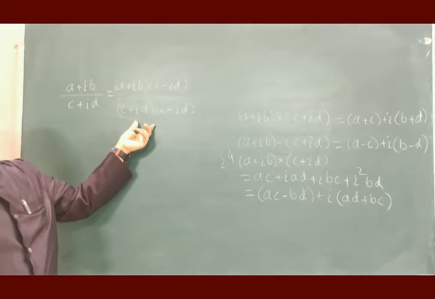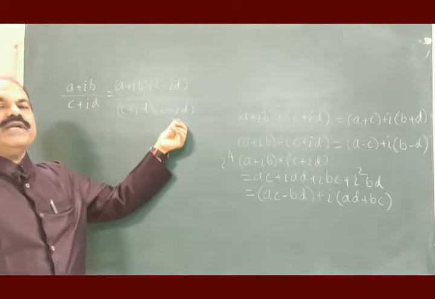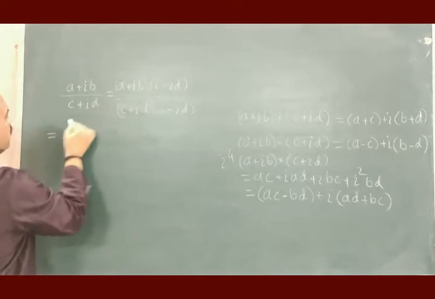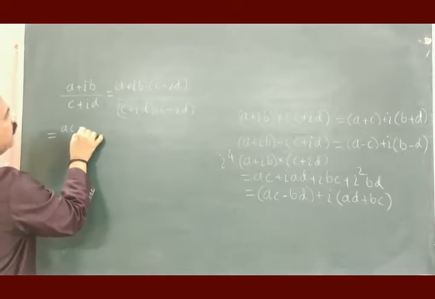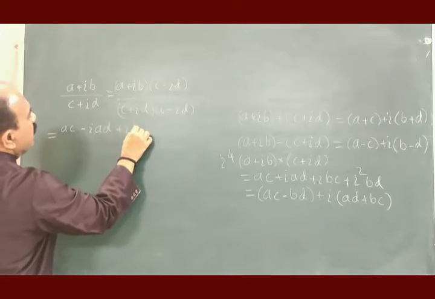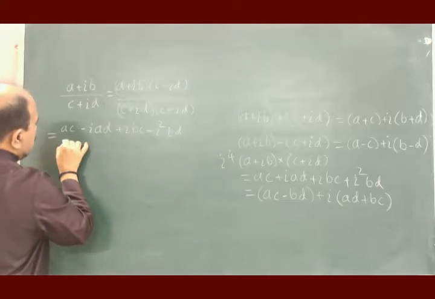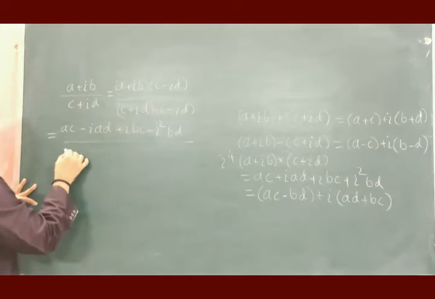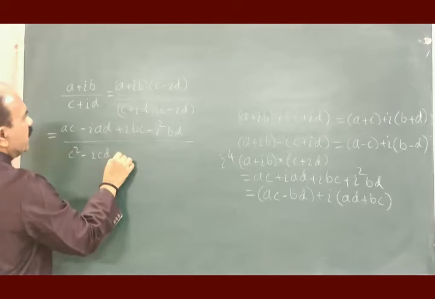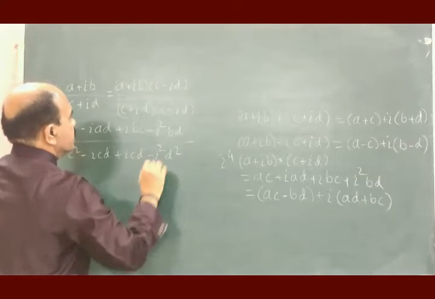This is A plus IB into C minus ID, or you can go for the product AC then minus IAD then plus IBC then minus I square BD divided by here C square minus ICD plus ICD minus I square D square.